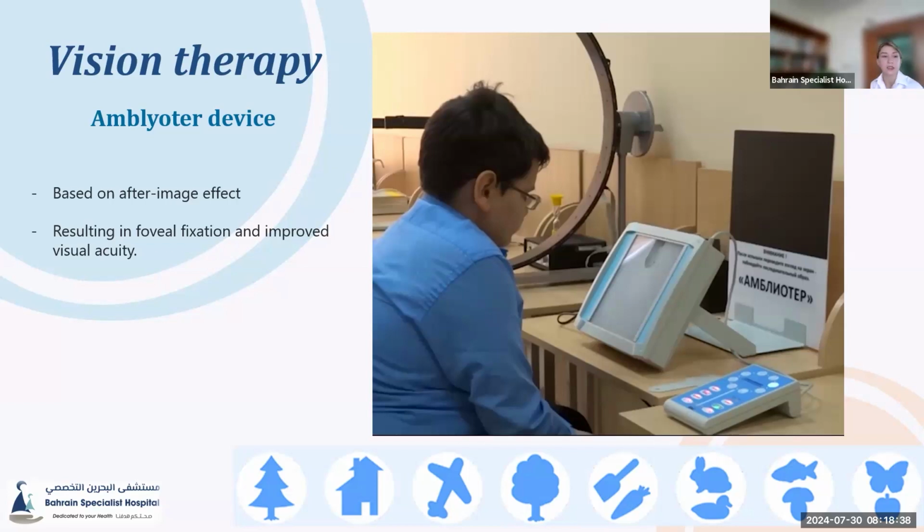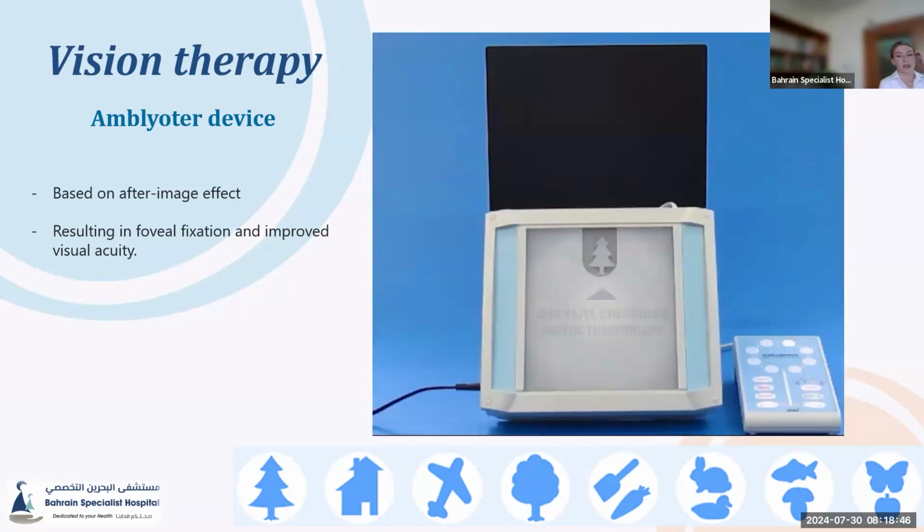The first one is the Amblyopia device. Its function is based on an after-image effect. Firstly, there is a blinding photostimulation, and then the child shifts his gaze to the black background and sees the after-image.